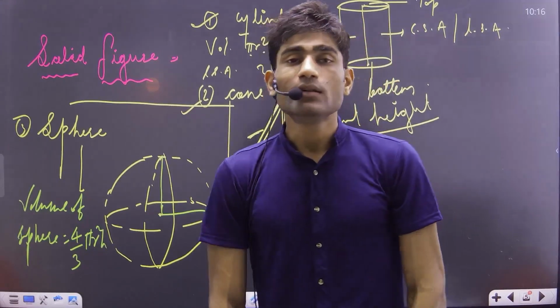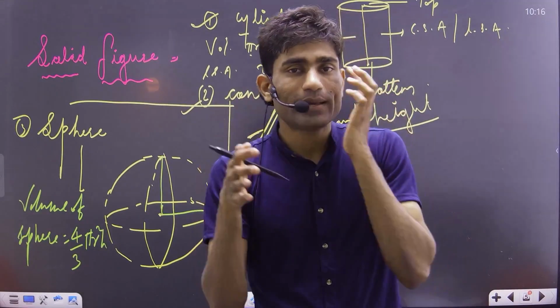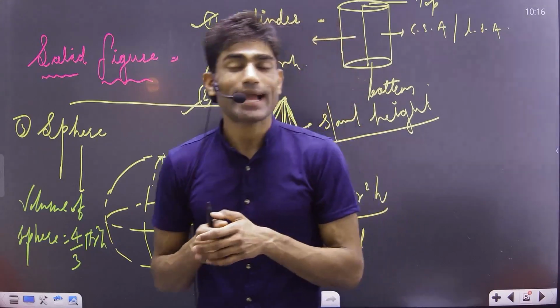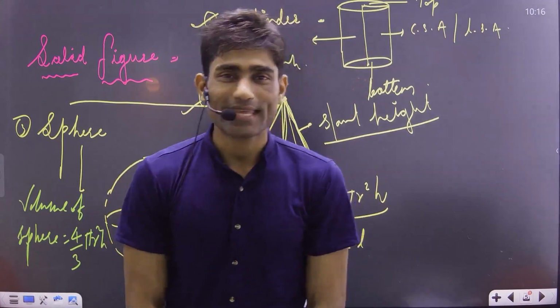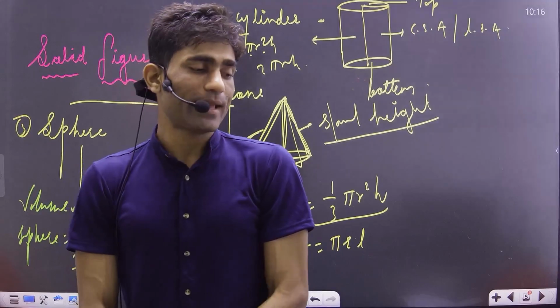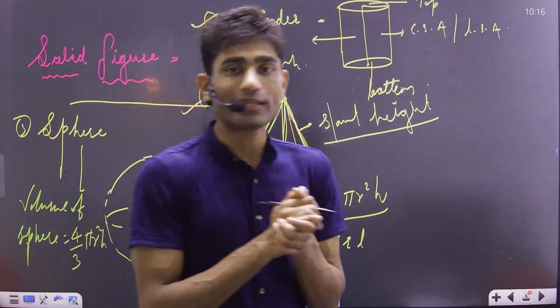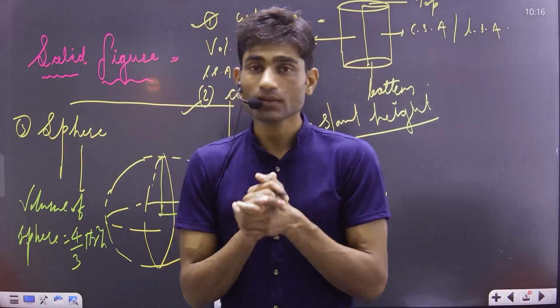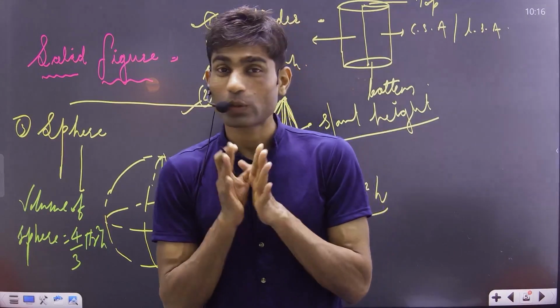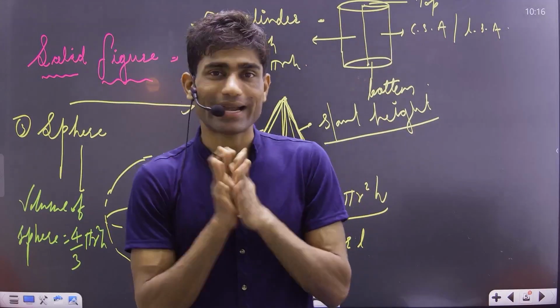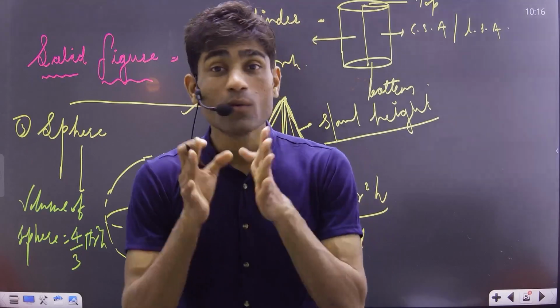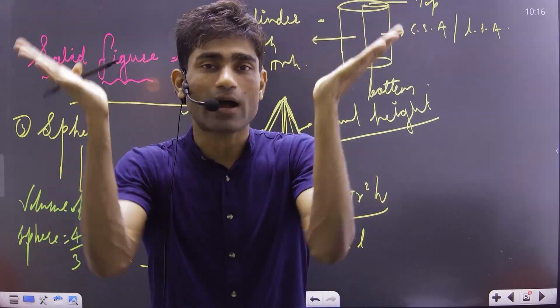Now let me explain curved surface area and total surface area in the case of a sphere. In the case of a sphere, curved surface area, total surface area and lateral surface area are all equal. Why is it equal? Because it is all a rounded shape.